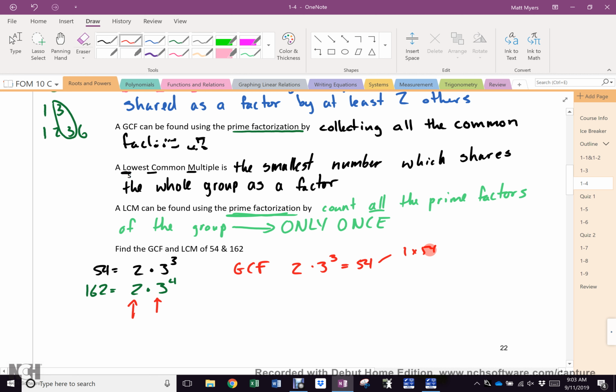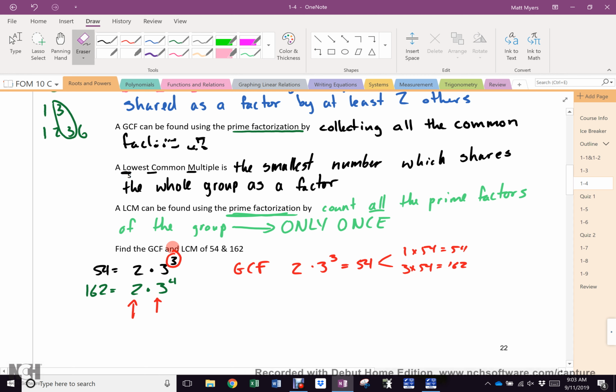So 54 is a factor. 3 times 54 equals 162. So 54 is also a factor of 162. Does everybody see? Now please notice, what did I do? When they were common, I took the smallest exponent. Everybody see that?